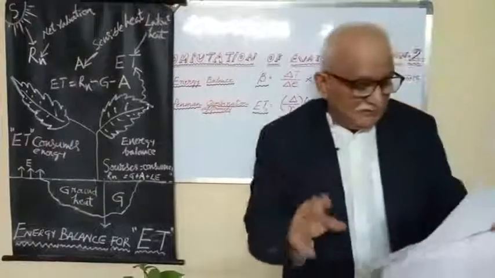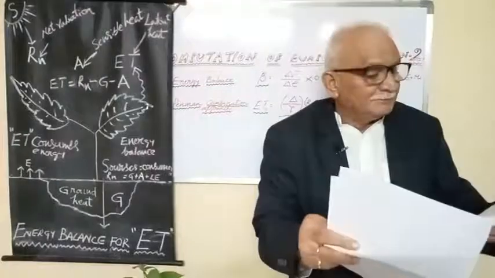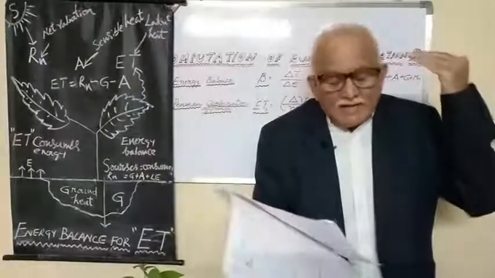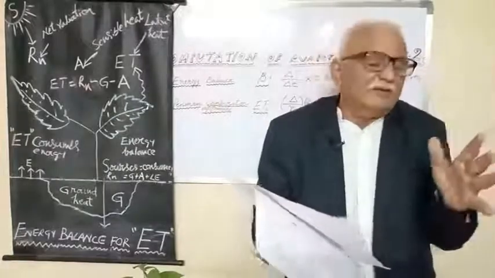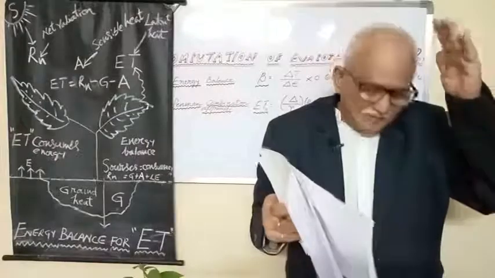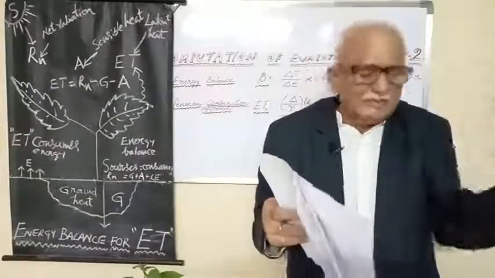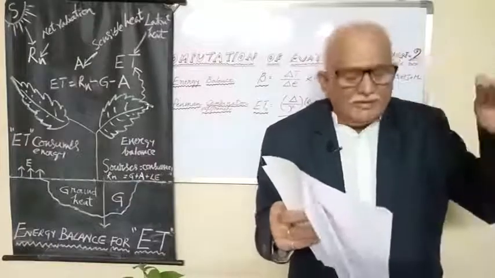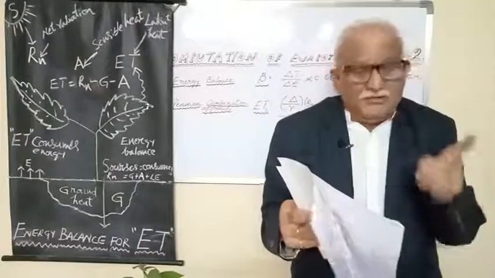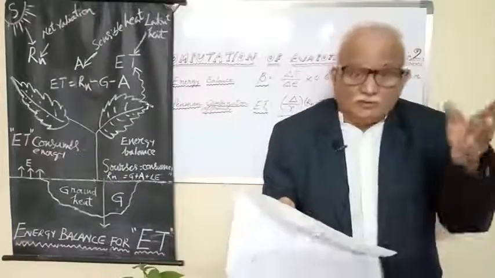Before that, I would like to impress upon you that Penman had given wonderful estimations. Wonderful estimation, if data is not available, even in class 1 observatories. What are all the measurements required? Wind profiles, that means anemometers, hygrometers, psychrometers, temperature measuring instruments, all tools are available, even the ground heat flux rates.